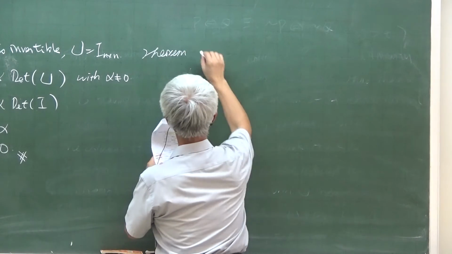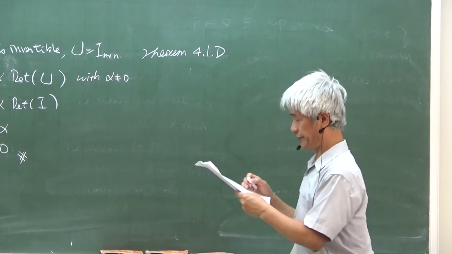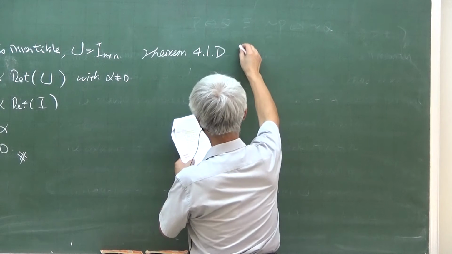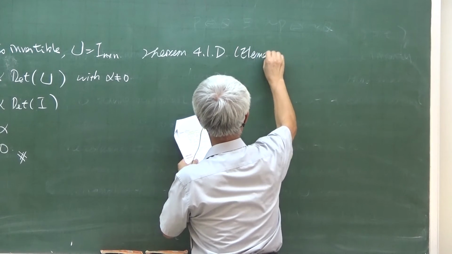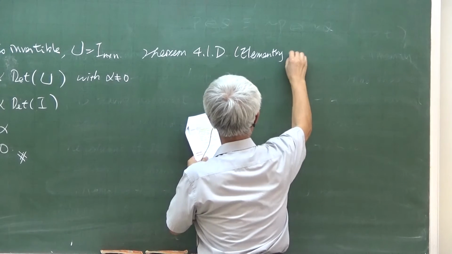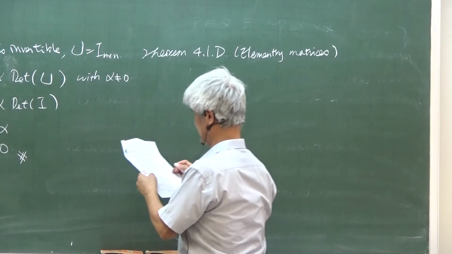All right, the last theorem I want to prove in the first section of chapter 4 is about the determinant of elementary matrices.